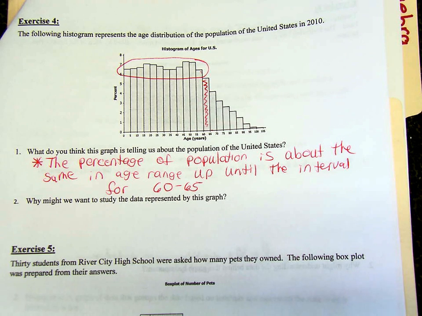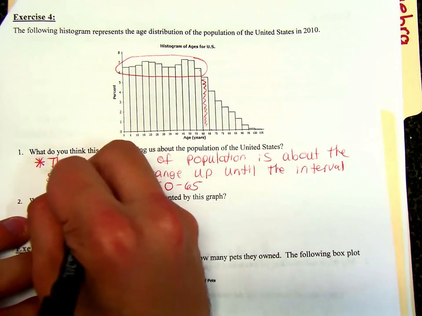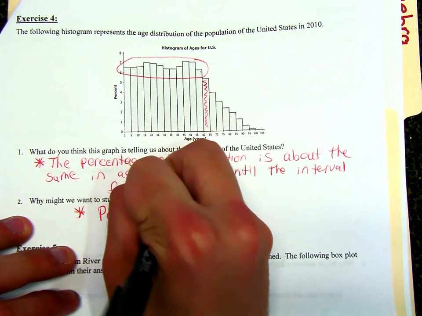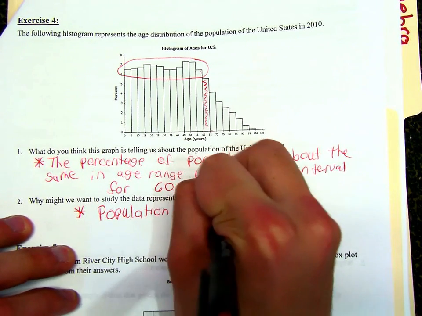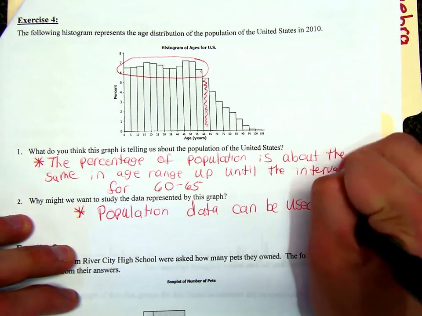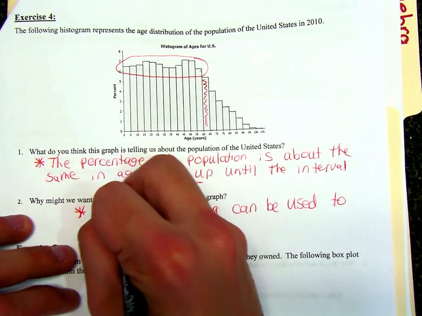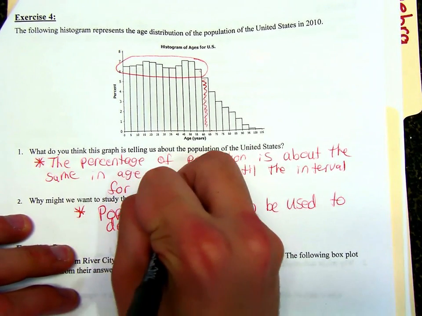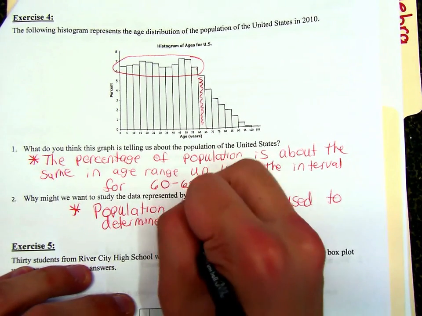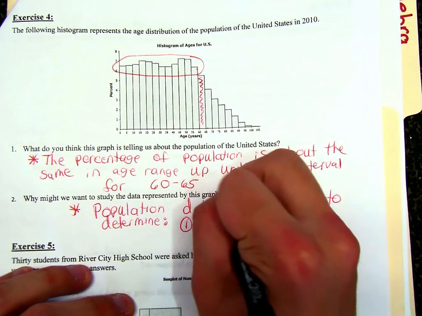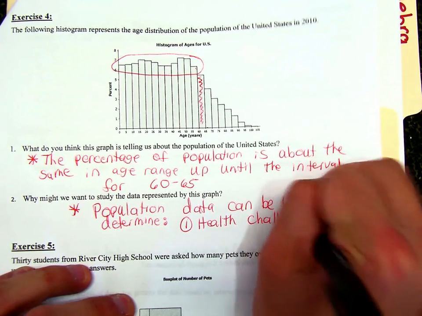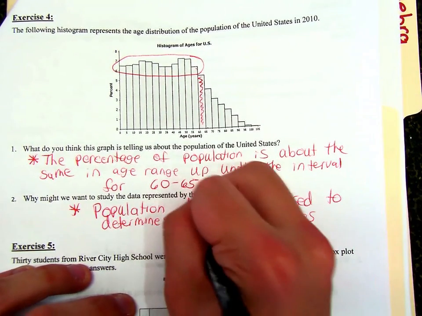So population data can be used to determine health challenges, so people interested in health challenges, and you would also want to know education challenges.